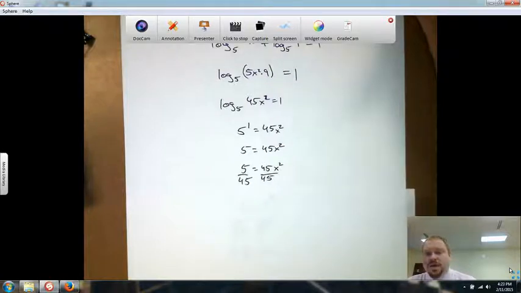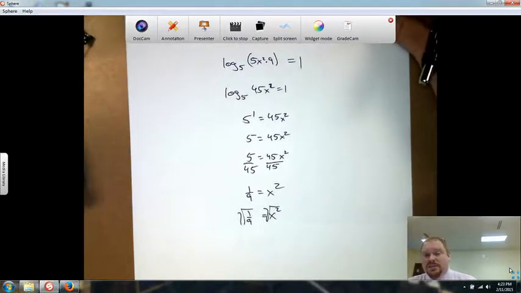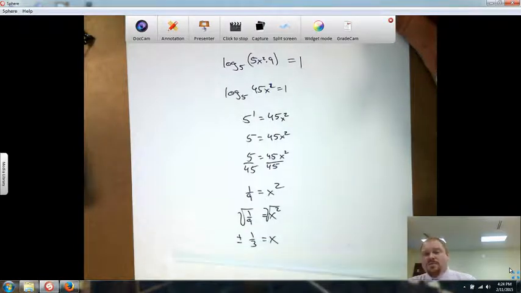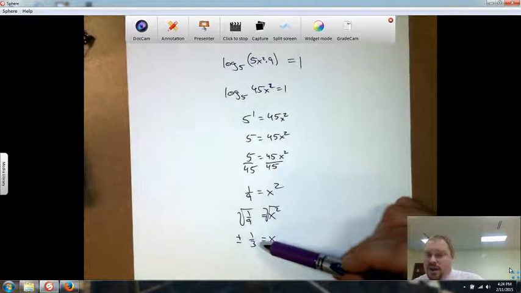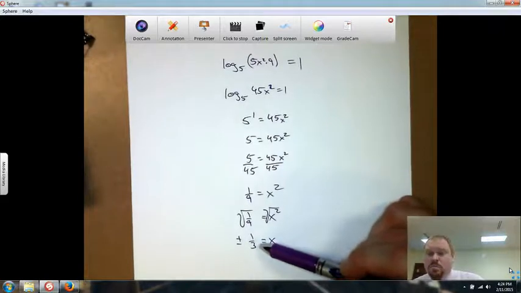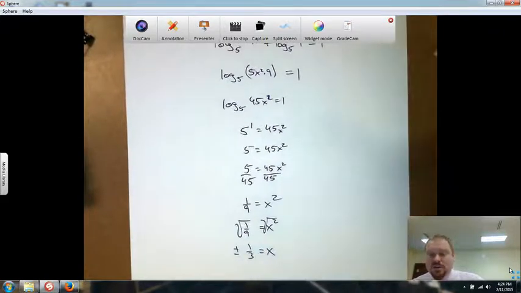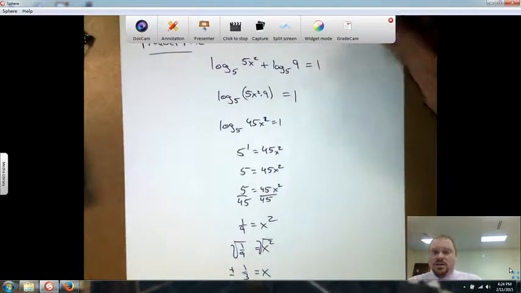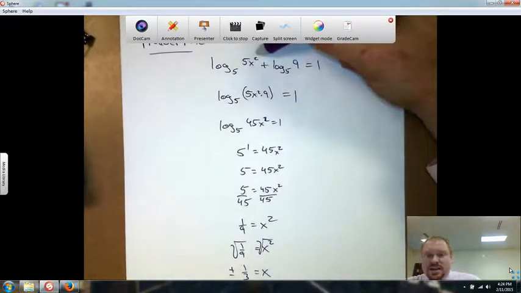5 divided by 45 is 1/9. Square root both sides now to get x squared, so it's just x, and that gives us positive or negative 1/3. Now, because I have a negative number here, you should plug that back into the original equation to make sure this is positive.